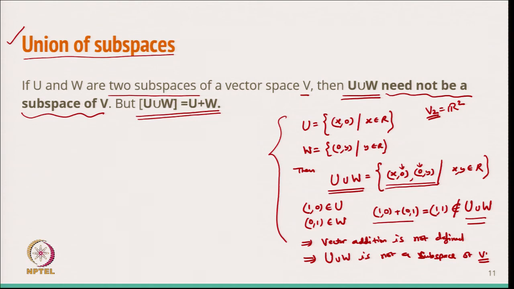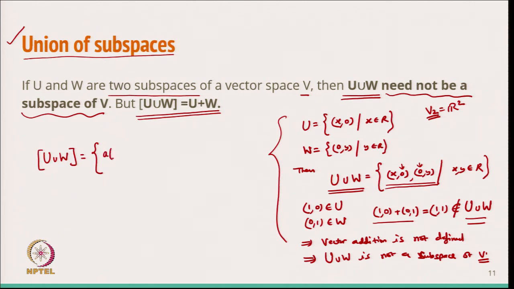Now, if it is not a subspace, then it is written that if I take the union and then the span, let us see what is going to happen here. So, I will take the span of U union W. These are the elements, and I am taking their linear combinations.